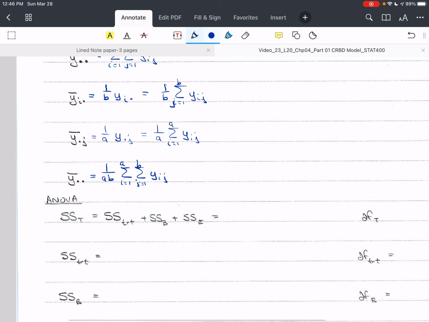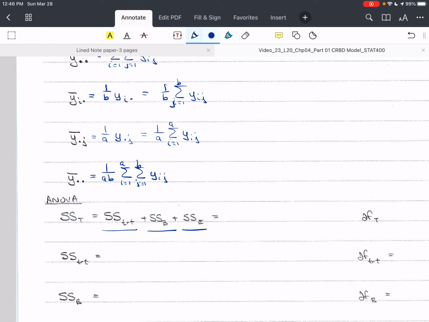Now, the ANOVA, we are going to talk about analysis of variance. So we're taking the variation SST, and we're now going to partition it into SSTRT, the treatment effect or variation, the variation or sum of squares for the blocks, plus the sum of squares of the errors.